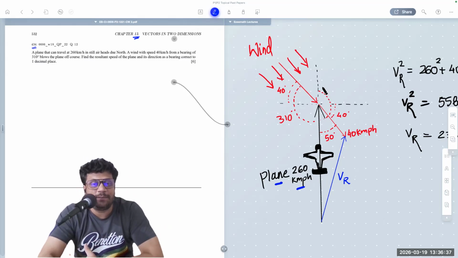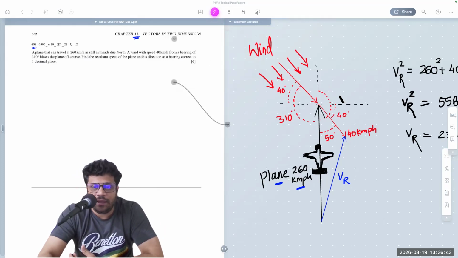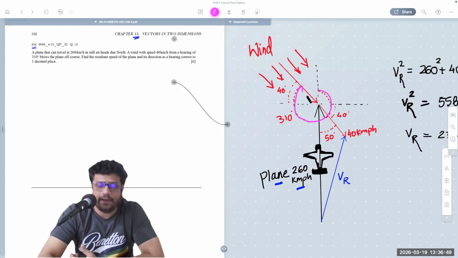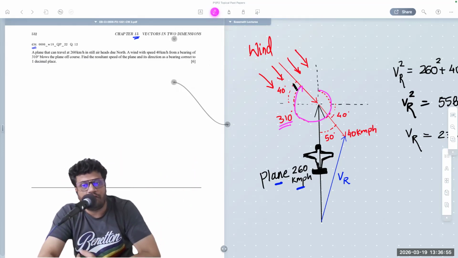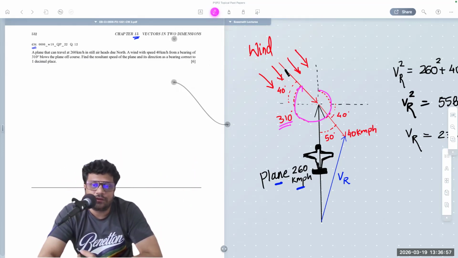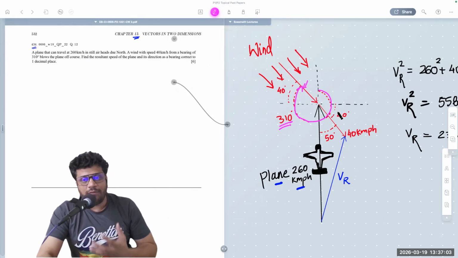When they say there's a bearing of 310, it's this angle there. That's 310 degrees. And the wind comes onto the plane from that bearing.